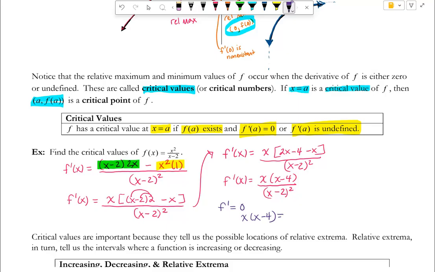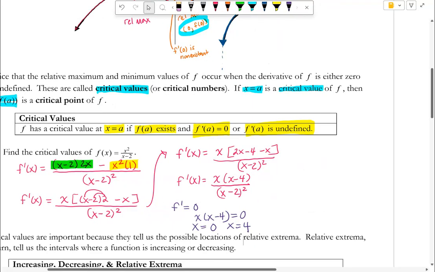So one of the reasons I factored it is that now we can use the zero product property. If we had not factored it already, we would need to do so now. So we get that at x equals 0 and at x equals 4, those are the two locations where my derivative is equal to 0. Now I also want to consider where my derivative is undefined.